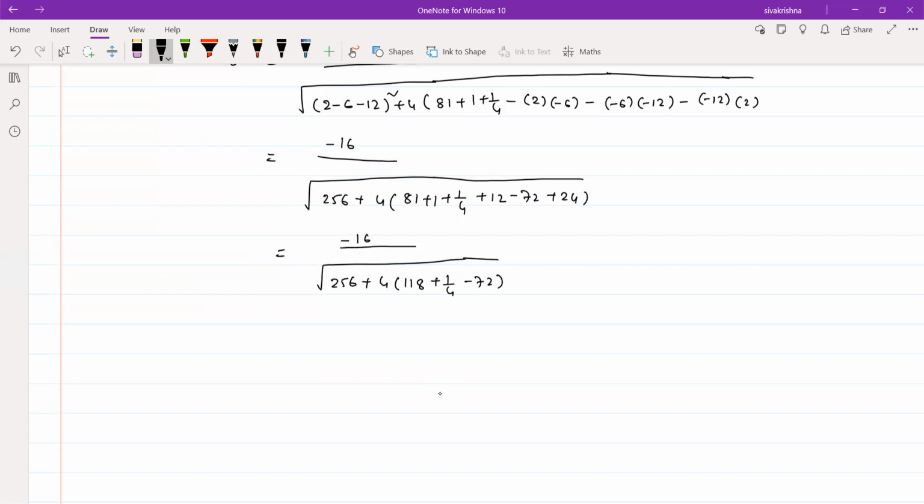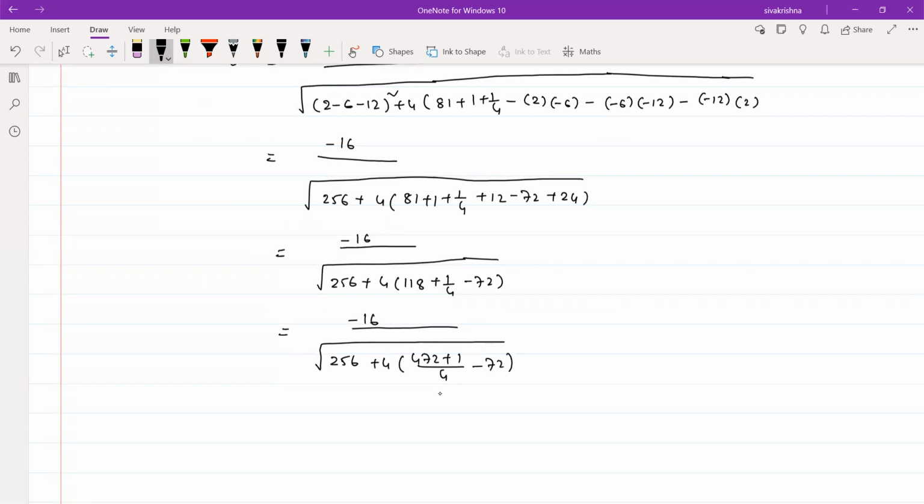Further, minus 16 by the square root of 256 plus 4 into, taking the LCM inside, 118 into 4 gives 472, plus 1 by 4 minus 72.